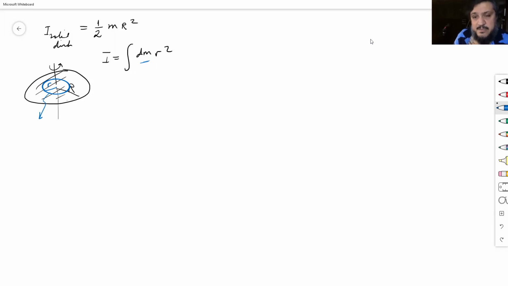The mass contained here is dm, so if I multiply dm by r squared, that is the moment of inertia of that infinitesimal mass. I just need to integrate it from r equals 0 to capital R.